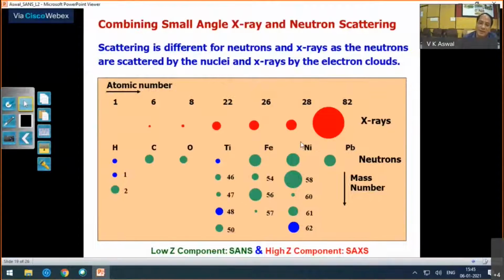You will see this in Grenoble and also in Villigen, Switzerland, where neutron and synchrotron sources are close to each other, so that those who want to use both techniques can. And the advantage with neutron is that unlike X-rays, you can see the low Z elements. So if you have high Z and low Z components in your system, using these 2 techniques will be useful.